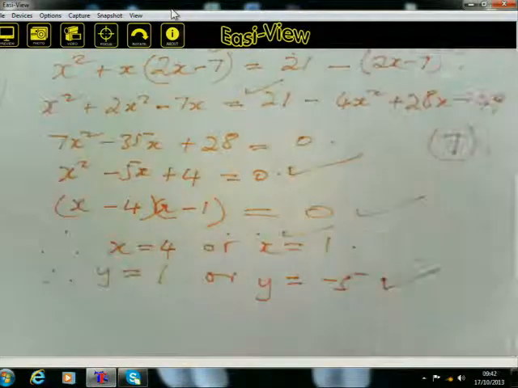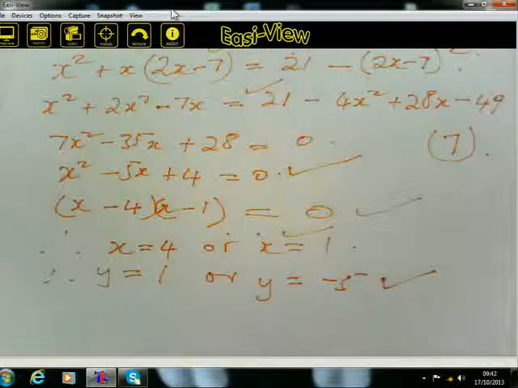So, I'm just going to give you one of these equations, so that you must solve them simultaneously. Right?